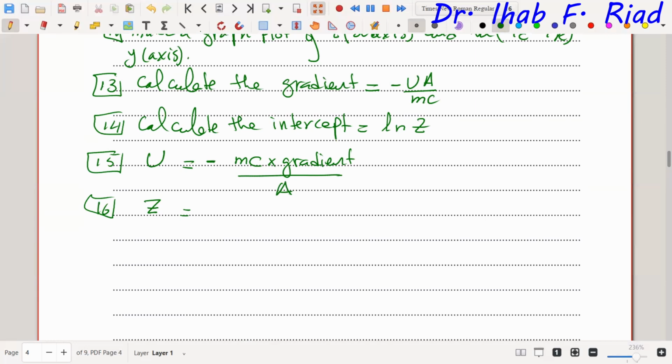Remember, I sent you the rules for the ln. Remember this, Dean. We have, for example, Z equal, what should I write here? E to the power of temperature. Okay. What if I take ln Z?